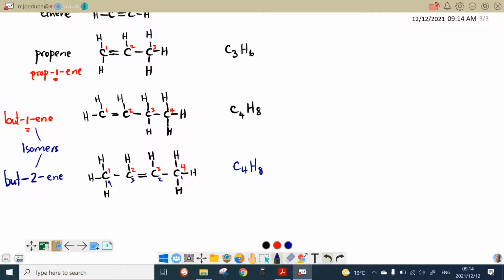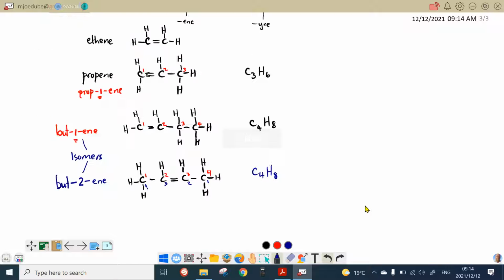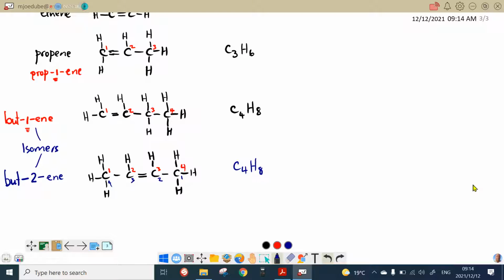So it's important that you are able to represent all of these compounds looking at the positioning of the functional group, right?